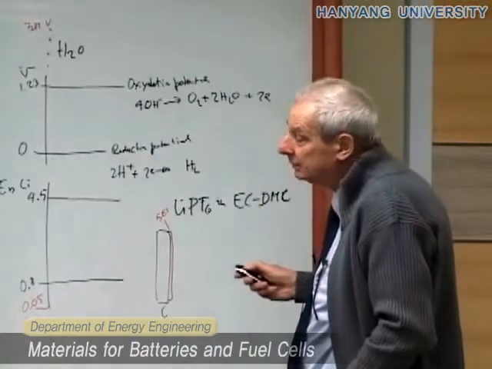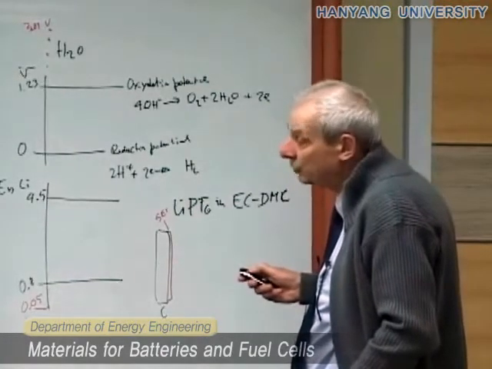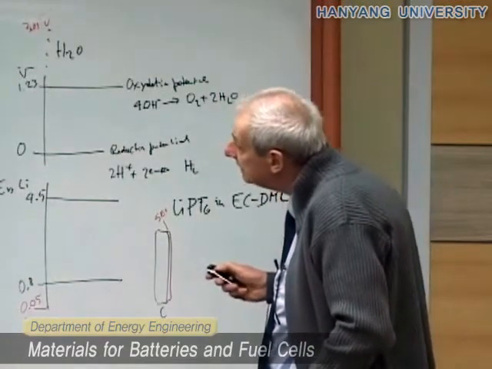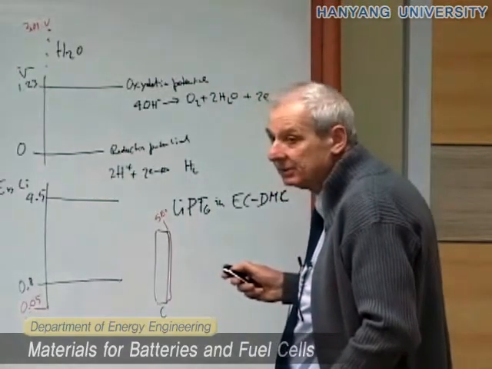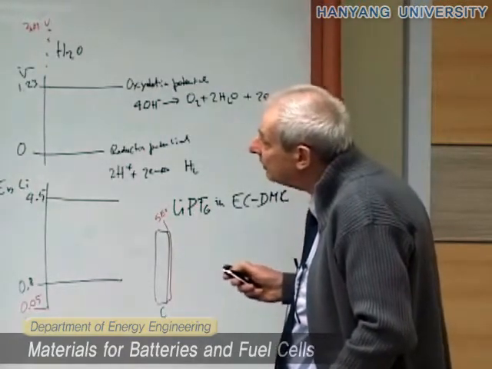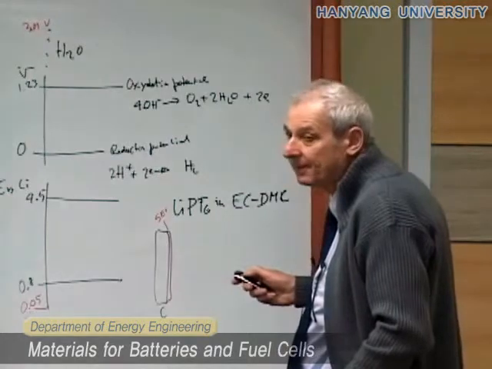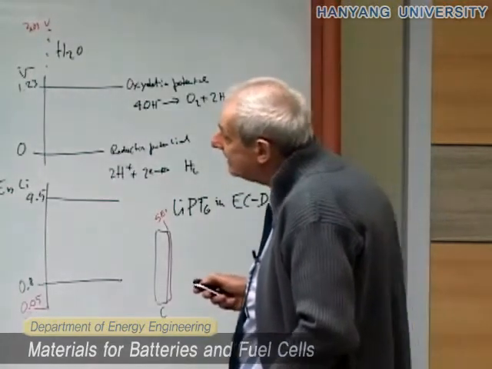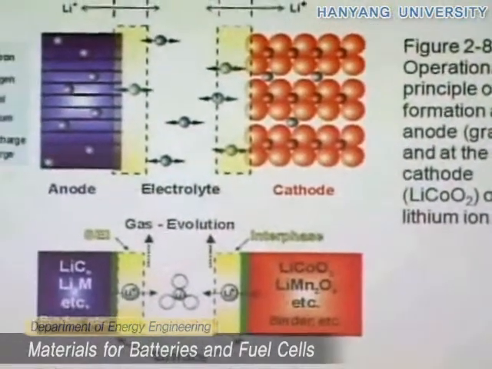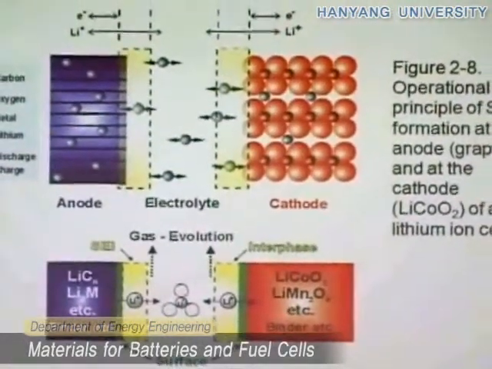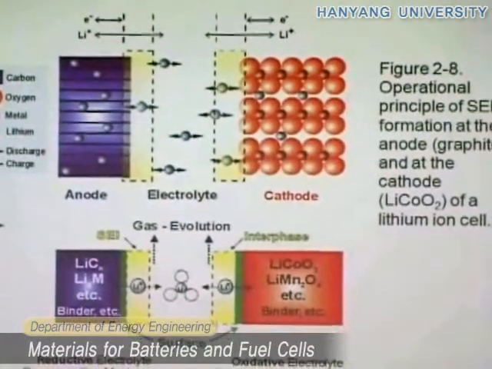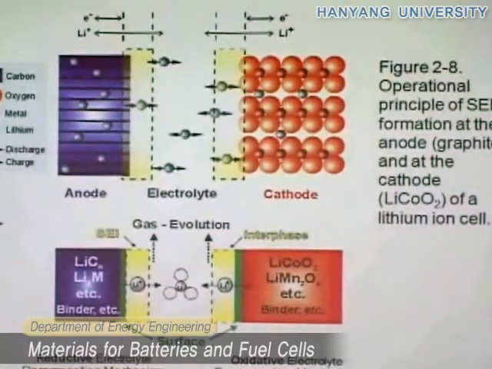In fact, all the companies which produce lithium batteries have to cycle the battery 2 or 3 times before putting them on sale, just because they want to be sure that this film is formed. And as we will see, the formation of this film also results in some gas evolution.